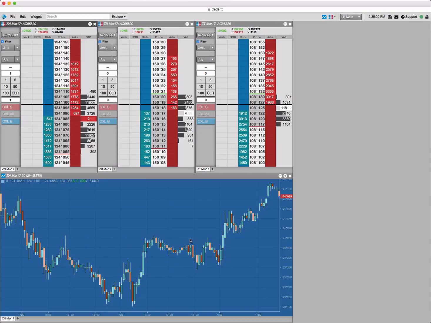And conventional wisdom would suggest, well, that was once a resistance level. But the truth of the matter is that you really need to use volume profile to define what support and resistance is, and really what a range is.